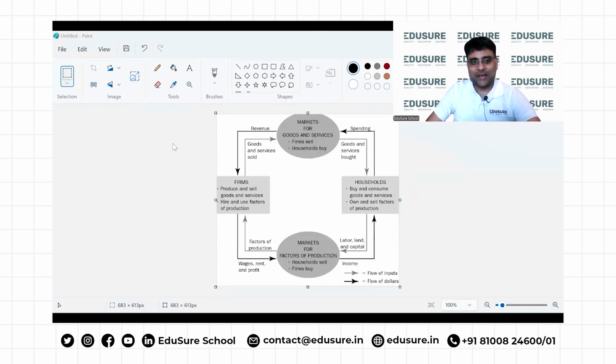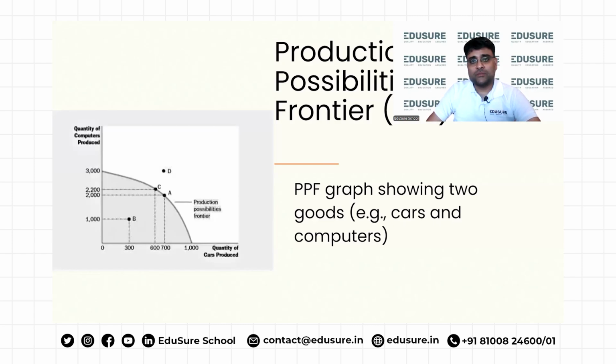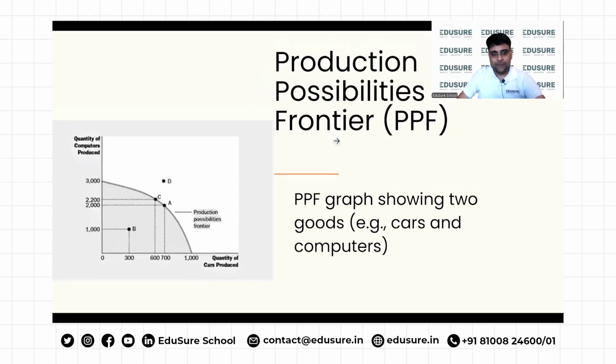ठीक है, अभी सेकंड मॉडल के बारे में बात करेंगे. सेकंड मॉडल इज आवर प्रोडक्शन पॉसिबिलिटी फ्रंटियर मॉडल. ओके, अब ये प्रोडक्शन पॉसिबिलिटी फ्रंटियर मॉडल क्या है?